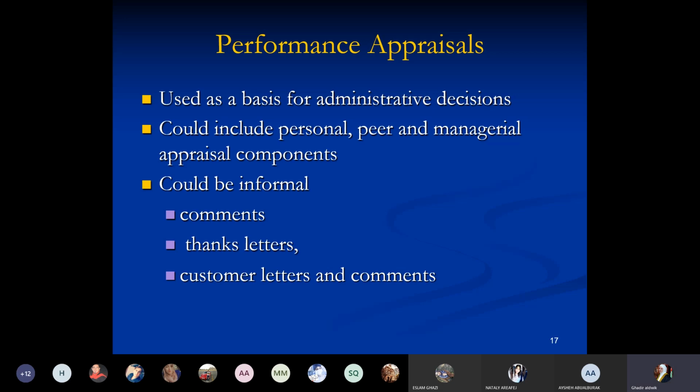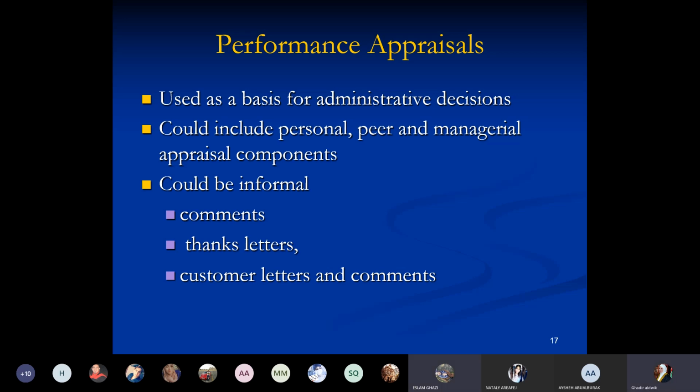Why do we need performance appraisal? Here, they mentioned that it is important for administrative decisions. What are the administrative decisions that we can make based on the performance appraisal? What do you think? You can speak in Arabic. Make high quality for the organization.